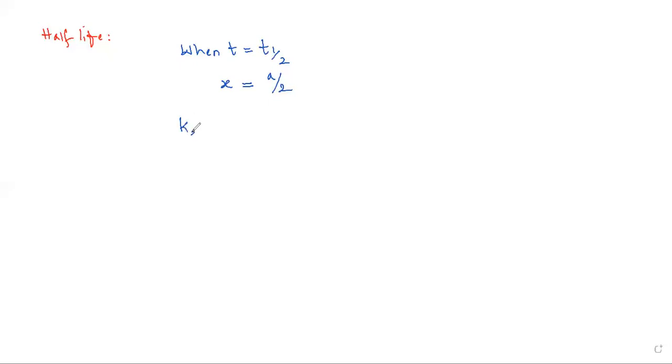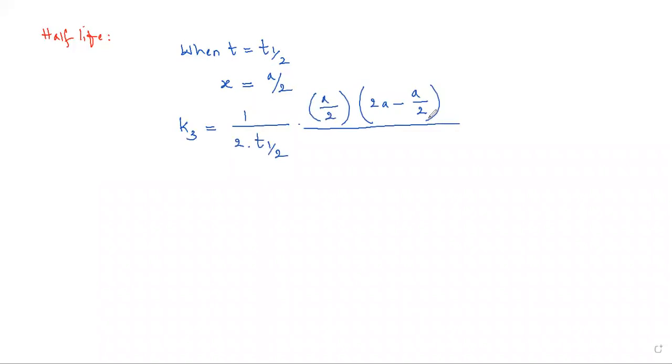Now substituting this in the expression for third order rate constant, k3 is equal to 1 by 2 into t half, into x, nothing but a by 2, of 2a minus x by a square into a minus x whole square.